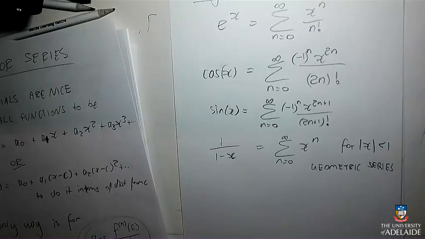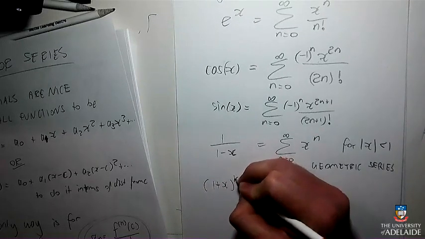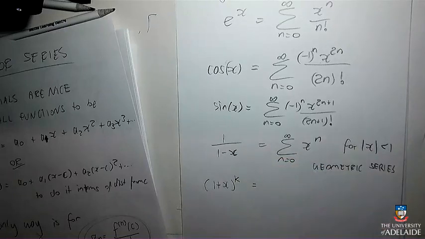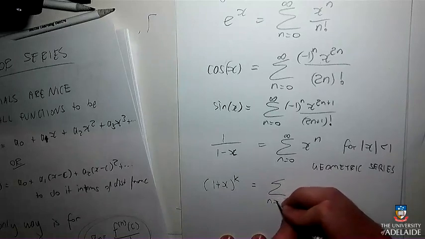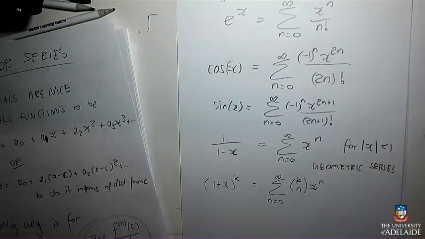And there's one more, which is the binomial series. 1 plus x to the power of k, where k is any real number, is the sum of k choose n times x to the n, where we have a new and special definition of what something like 2.5 choose 3 means, which didn't exist before because it's stupid.